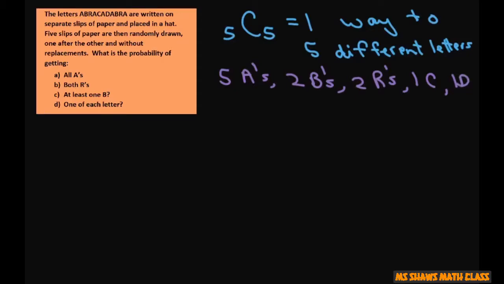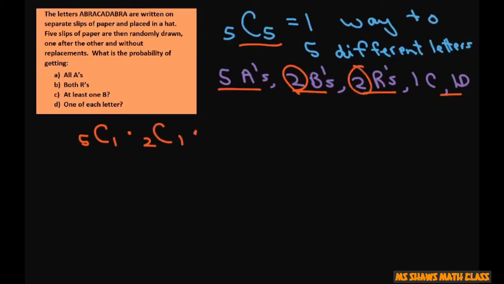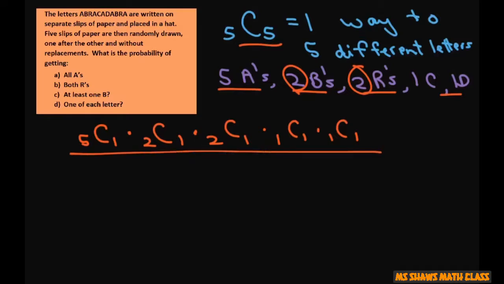So the probability of one of each letter, we're going to take all of these and we're choosing one from each. So 5 choose 1 times 2 choose 1 times 2 choose 1 times 1 choose 1 times 1 choose 1 divided by your total, which is 11 choose 5.